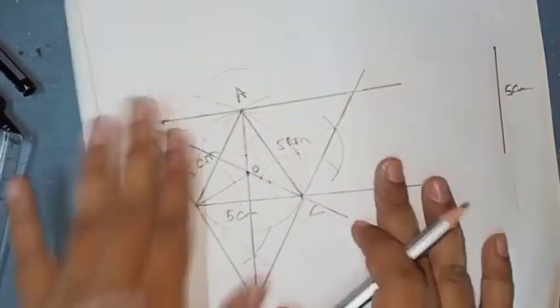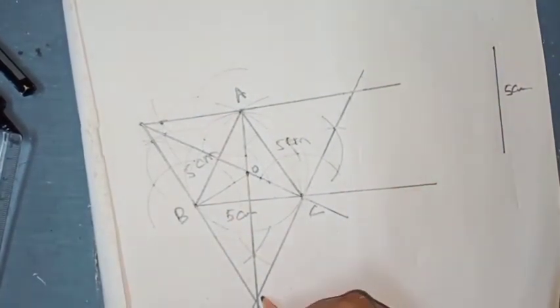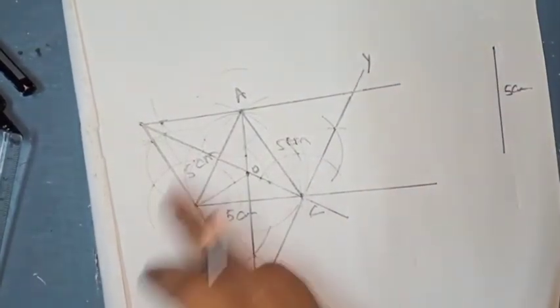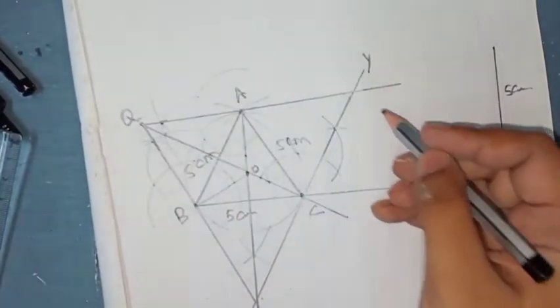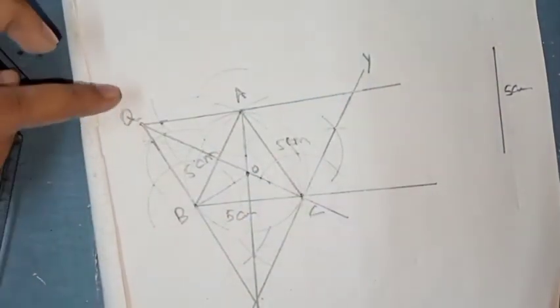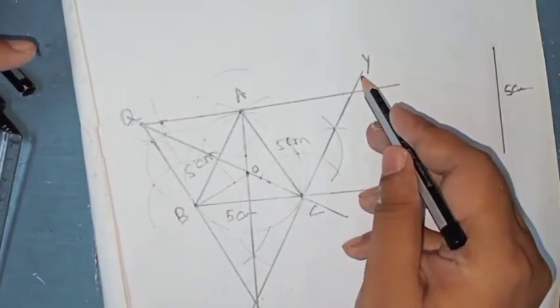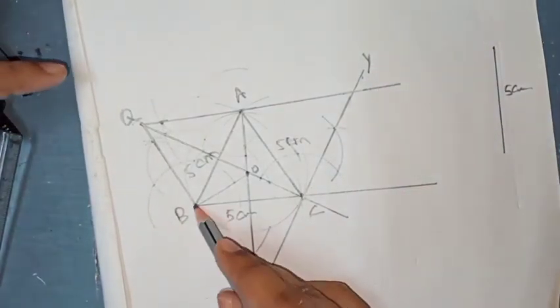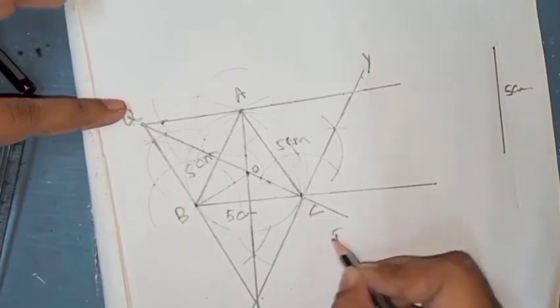Now this one is your diagram. For the tangents' names you can give X, Y, since A, B, C are already used, P, Q. So from point A the tangent is QY, from point C the tangent is XY, and from point B the tangent is RQ. So what will you write?